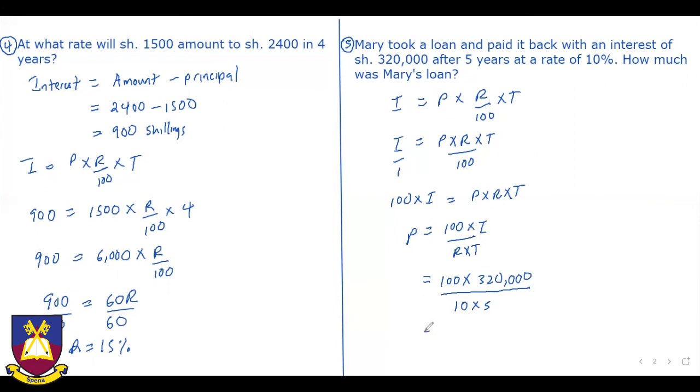So when you use a calculator, this is 50, reduces here by 2, it's around 640,000 shillings.